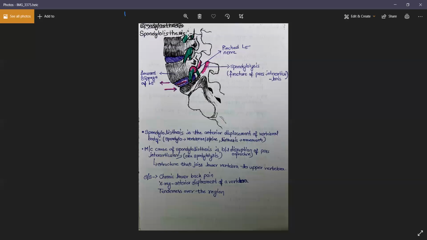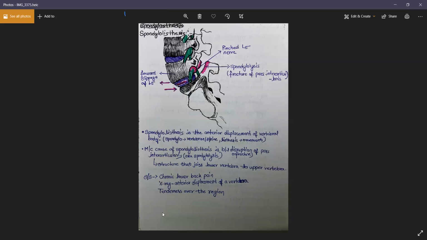So spondylolisthesis is the anterior displacement of the vertebral body. The most common cause is the fracture of the pars interarticularis, and the patient will get chronic back pain. In the X-ray you can see the anterior displacement, as well as tenderness over the region.